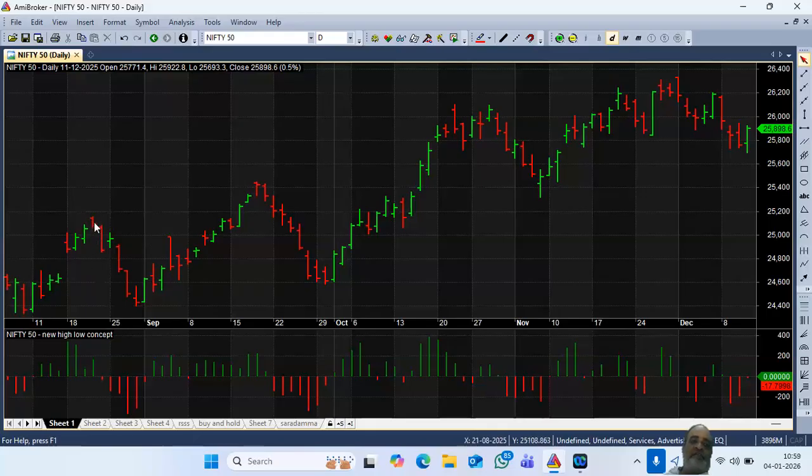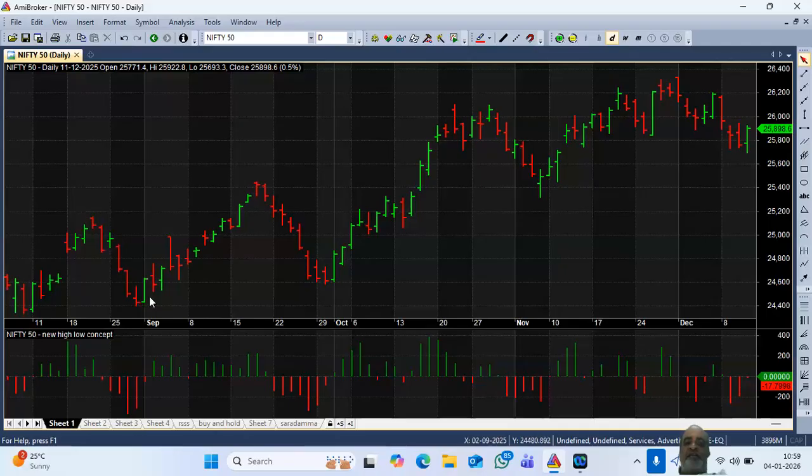And after that, how many days did it go down? 2, 4, 5 days. After 5 days, on the sixth day, the bar opened at the close of the previous day, which itself is the low, and it went up smartly and surpassed the previous day high, and the close was near the high of the day, which indicated another potential trend reversal for a short term.